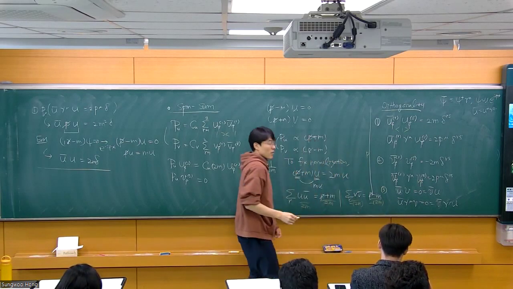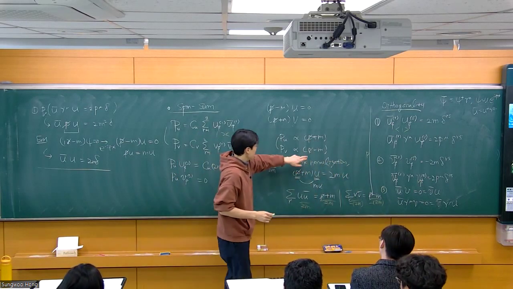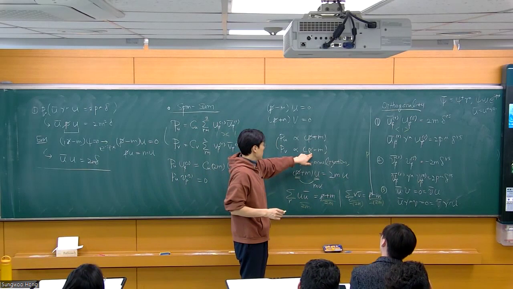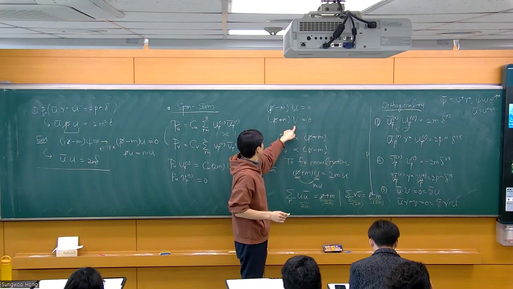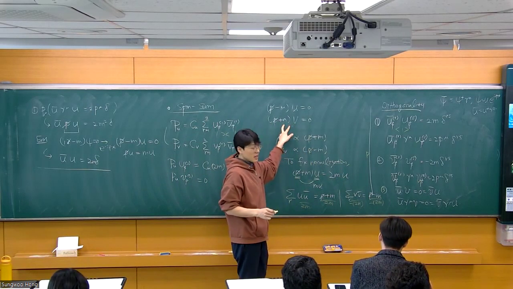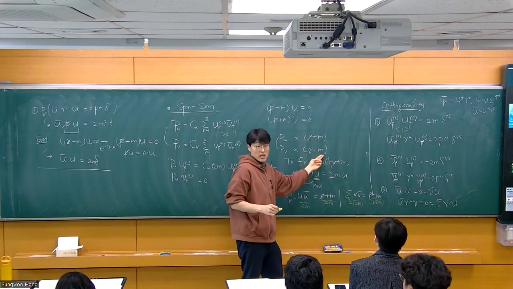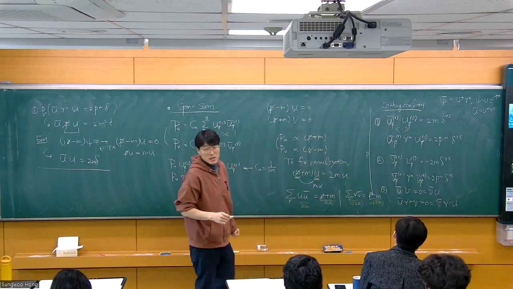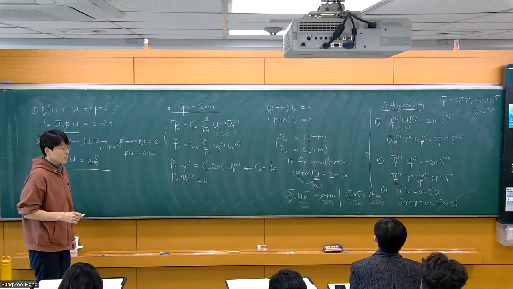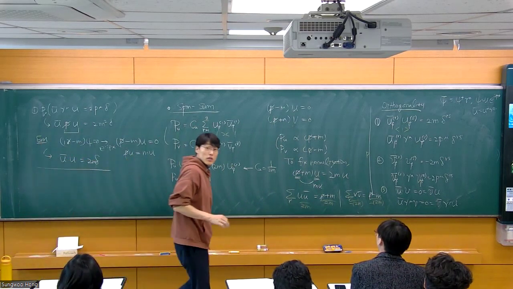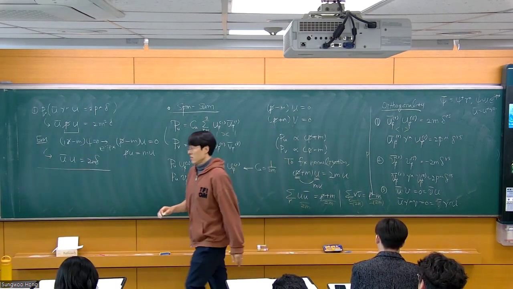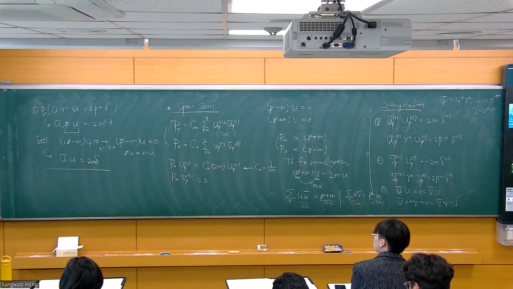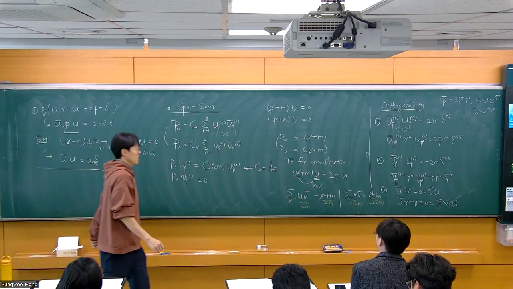Let's very quickly check that this is true. So again, let's take this guy acting on the v. So p-slash v is minus m times v. You get minus 2m times v. So you just divide it by minus 2m. Okay, good. Okay, 5 minutes. We can do it.